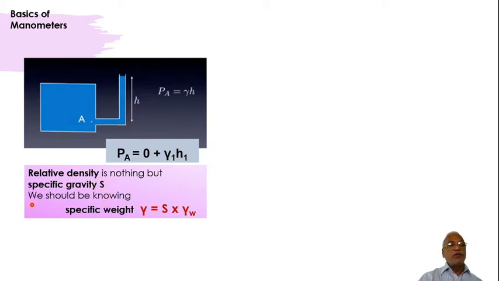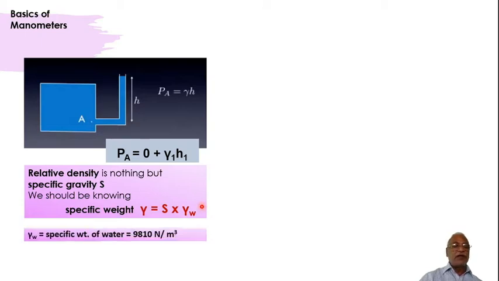So we should know that specific weight gamma is equal to S into gamma W, because we have defined specific gravity as the ratio of gamma by gamma W. Using the same, specific weight gamma can be written as specific gravity multiplied by gamma of water, and the specific weight of water, gamma of water, is equal to 9.81 kilonewton per meter cube, or it can be put as 9810 Newton per meter cube.